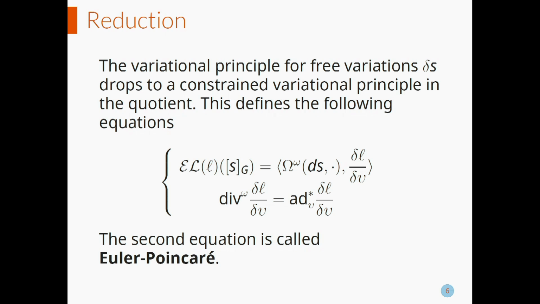This is the first part. But I'm not interested in this equation. Actually, the important one for my presentation is the second one. This one is an equation involving the second variable, right? And this is called Euler-Poincaré. The rigid body equations are Euler-Poincaré equations, or the Euler fluids, for example.